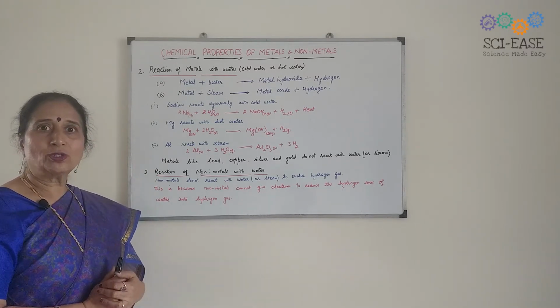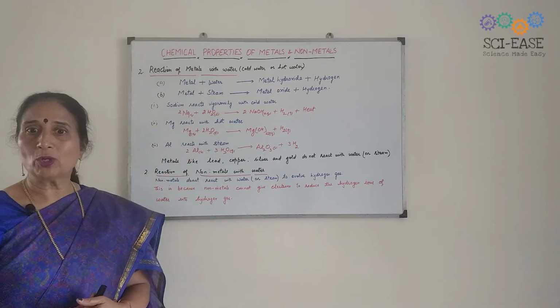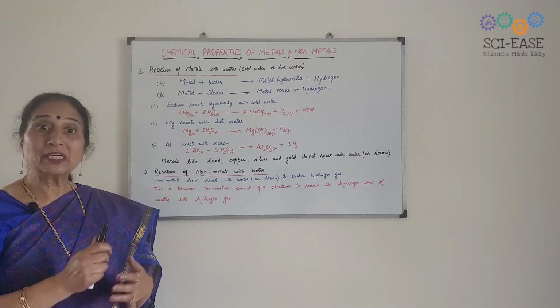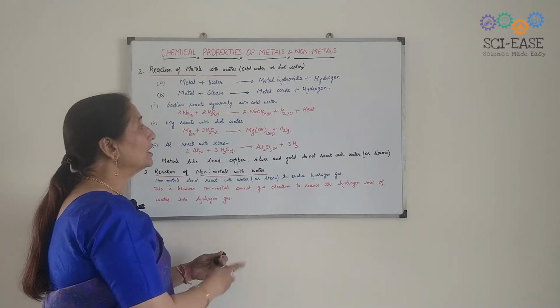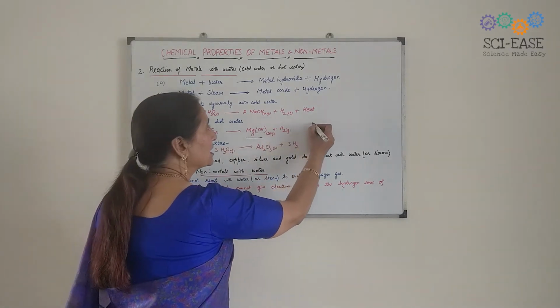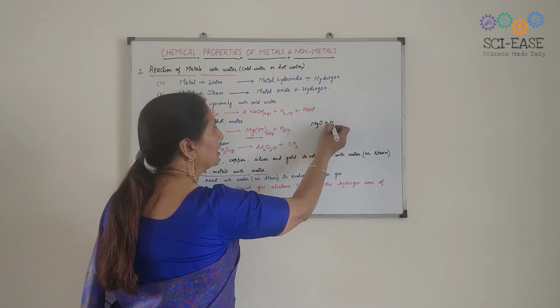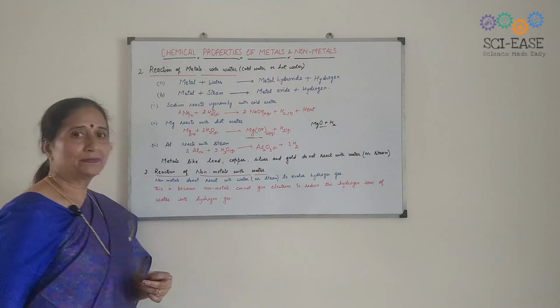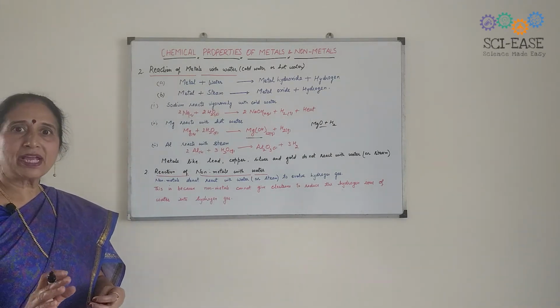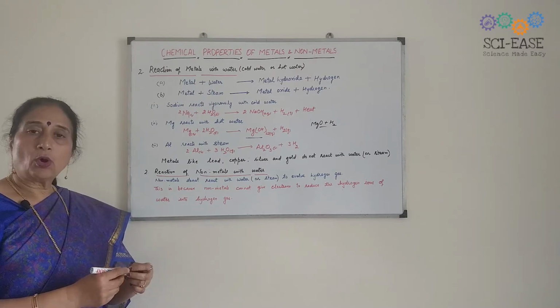One thing I want to tell you, that same magnesium can react with steam also. But there, the product will not be magnesium hydroxide, it will be magnesium oxide plus hydrogen. So magnesium can react both with hot water and steam.